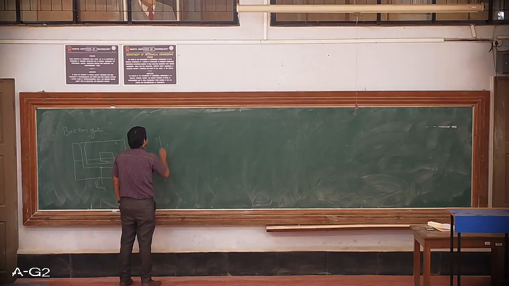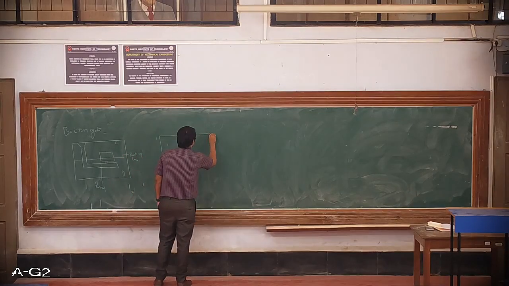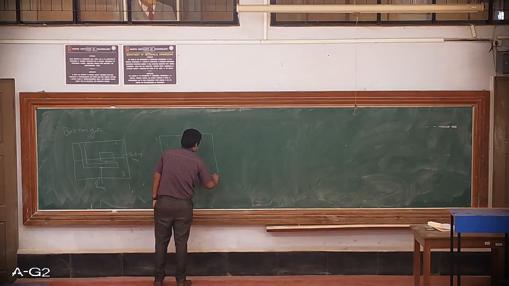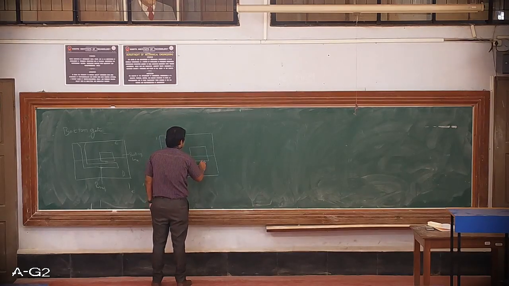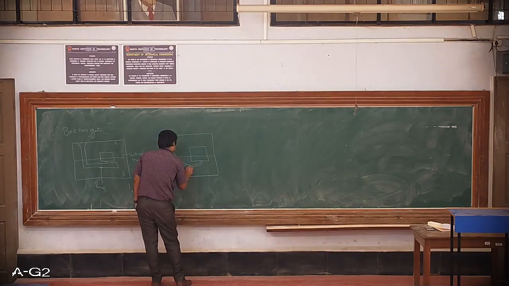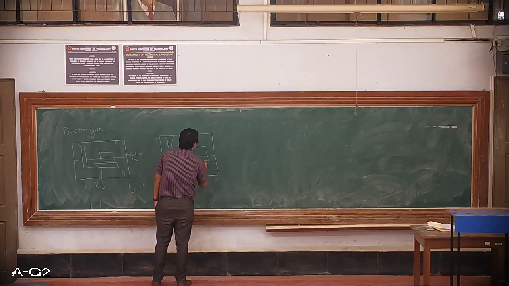Another type of gating system is horn gate in the bottom gating system itself. So here we are going to have a gating system similar to this. If this is the casting, then we are going to have sprue, runner, gates.